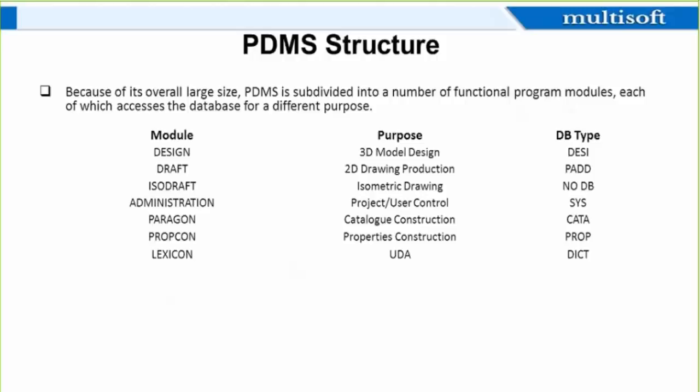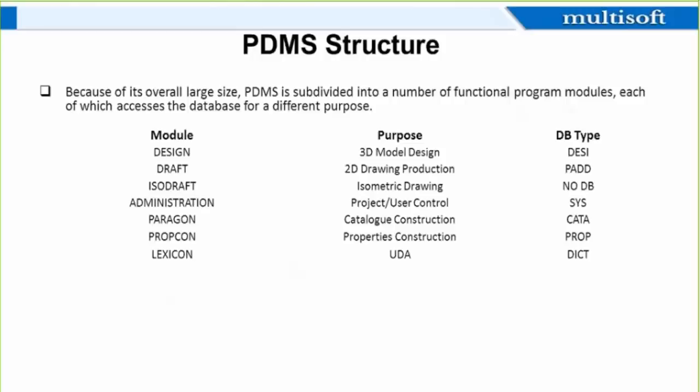Now these applications can be switched on only after entering the design module. Different applications in the design module are pipework, which is for pipework modeling, wherein you can model all your pipes, flanges and other fittings, valves, etc. The next application is equipment, which is used for equipment modeling. Structure is used for structural modeling like beams and columns, stairs and ladders, and all the walls and floors, etc.